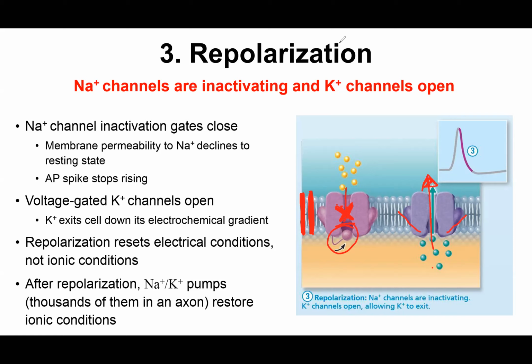All right, so now we have a positive charge leaving the cell, which means that the membrane inside here is going to start becoming negative again, right? Which is why we see our graph here moving back downwards, okay? So we're going back to normal.